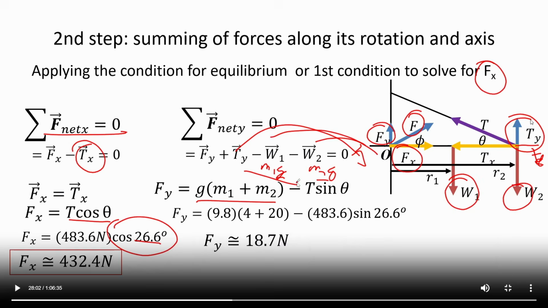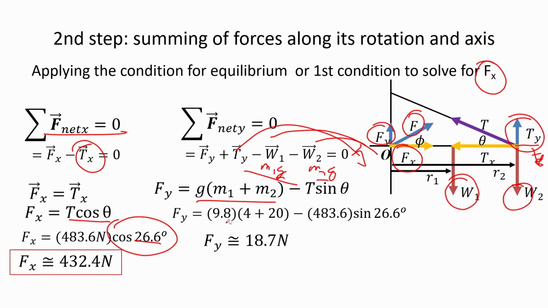T sine theta. And then Fy, substituting the values, is equal to 9.8 meters per second squared times 4 kilograms plus 20 kilograms minus 483.6 newtons sine 26.6 degrees, and you have a value of the force along Y of 18.7 newtons.